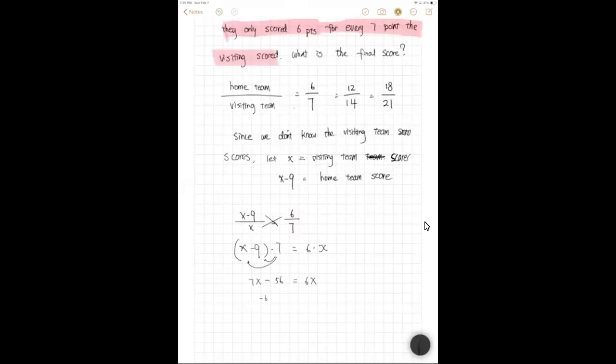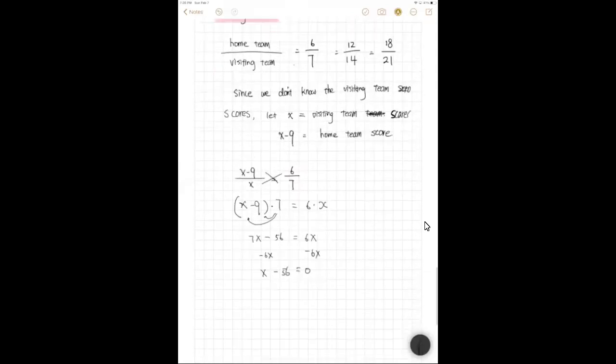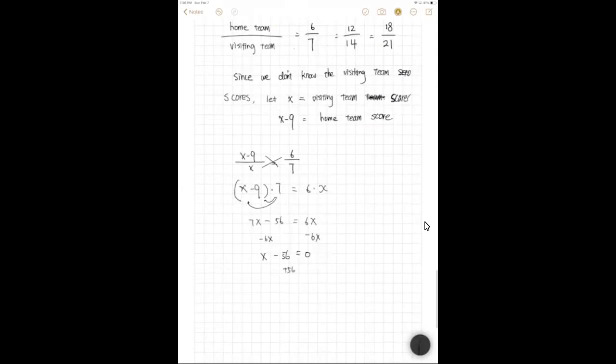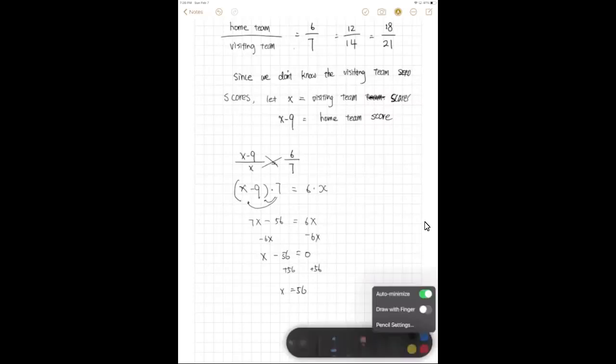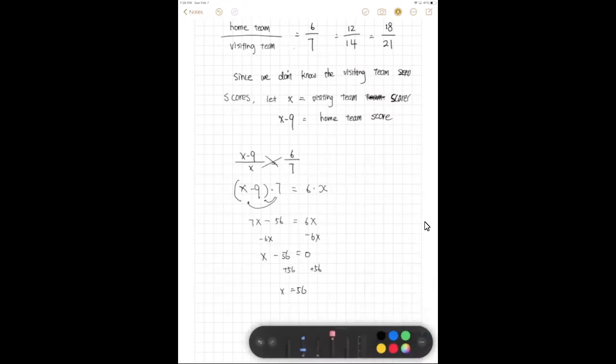I have minus 6X, so I have X minus 56 equals 0. And then I add 56 on both sides. So I have X equals 56. So that means the visiting team is, oh no, I did something wrong.